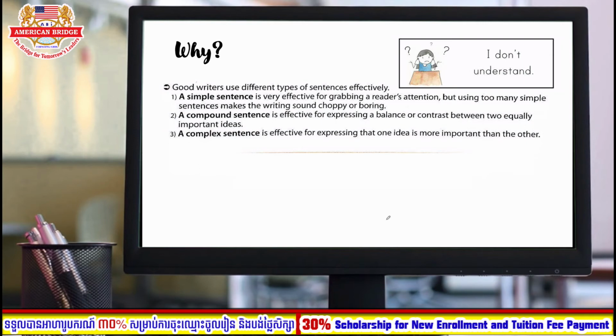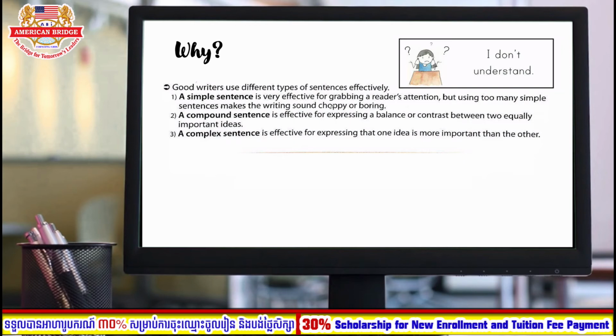If you look at this explanation here, a simple sentence is very effective for grabbing a reader's attention. But using too many simple sentences makes the writing sound choppy or boring, right? So try to use a different structure. The variety of your sentence structure is very important in your writing.